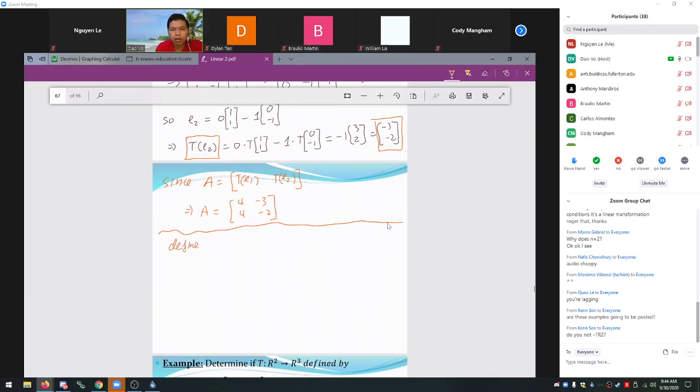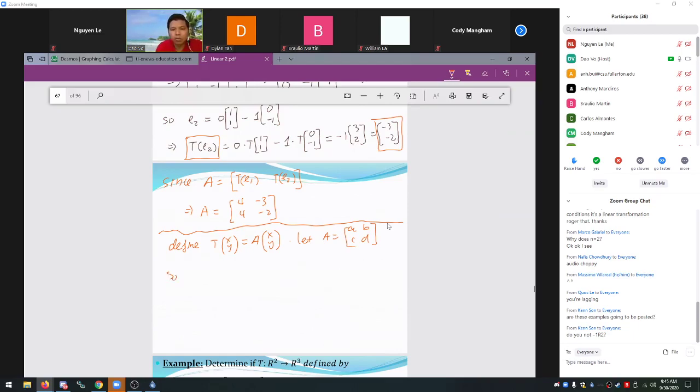We define T of (x, y) equal to A times (x, y). We let A equal to [a, b; c, d], because this is a 2 by 2 matrix.